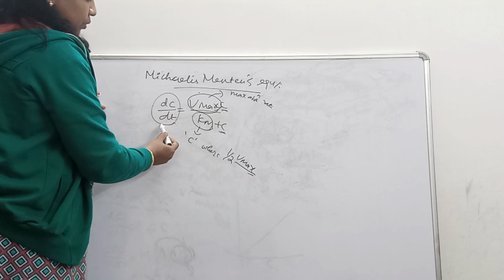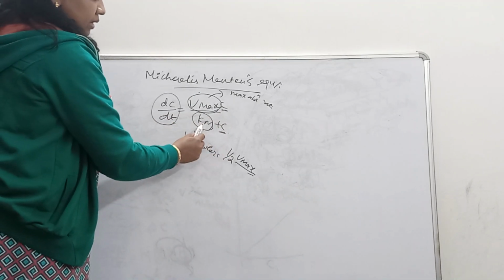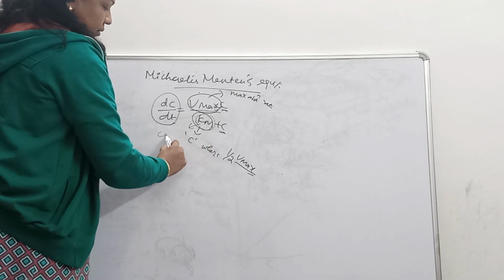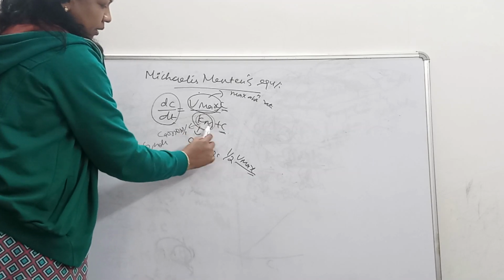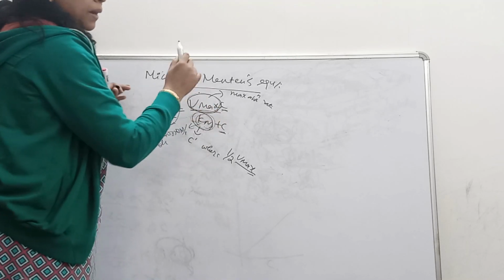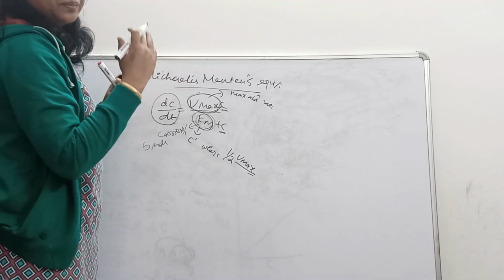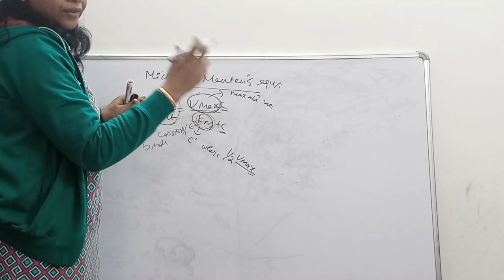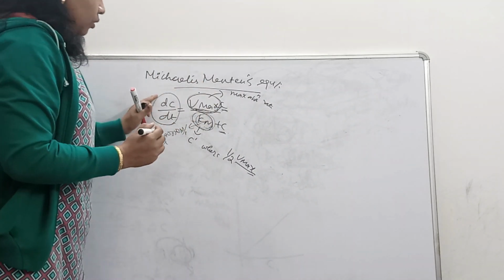So the rate of absorption is equal to Vmax C upon Km plus C. This Km explains the concentration of carriers. So carrier or the binding site of carrier will be explained by this Km. So Vmax is the maximum rate of absorption. That is, if there will be n number of carriers, then the rate of absorption will be explained by Vmax.